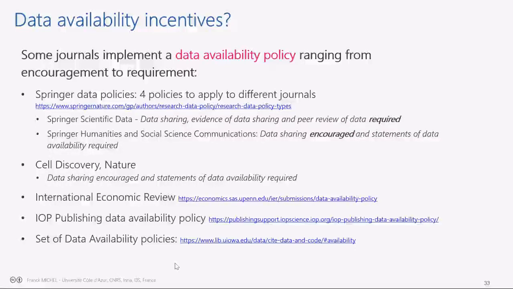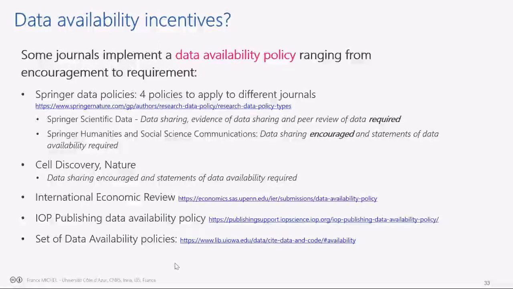The first one I cite, Springer Scientific Data, says that the policy is data sharing, evidence of data sharing, and peer review of data is required. Well, it's normal. Springer Scientific Data is a data journal. So obviously, when you publish a data paper, you should be required to provide the data. That makes sense.